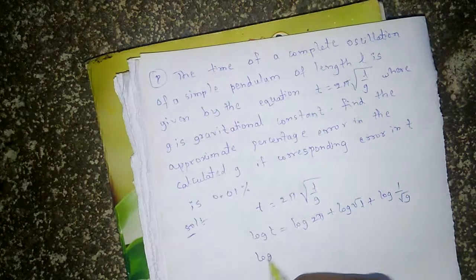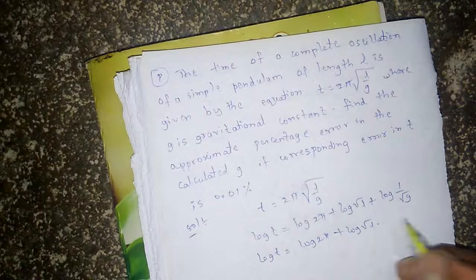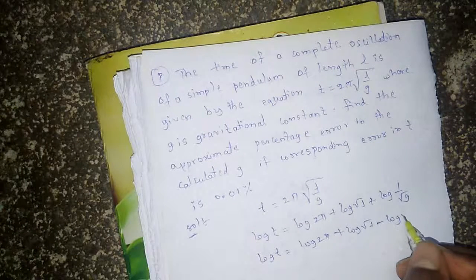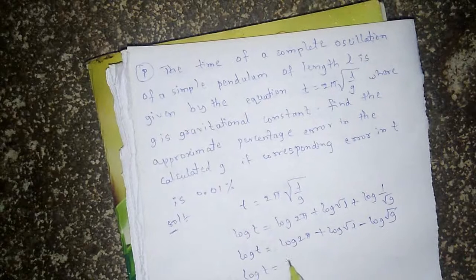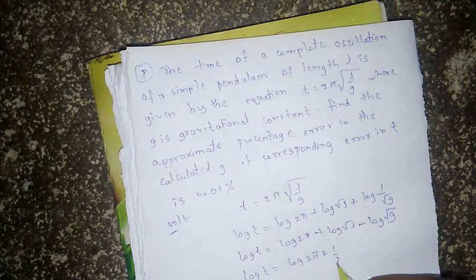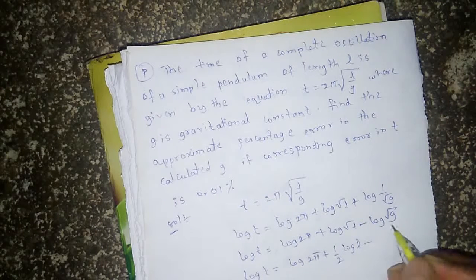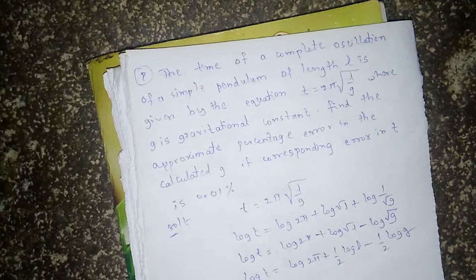Again, this is log T is equal to log 2 pi plus log root L plus log 1 minus log root g. This is log T is equal to log 2 pi plus root L can be written as L power 1 by 2, that is half log L, minus half log g. Now apply differentials.